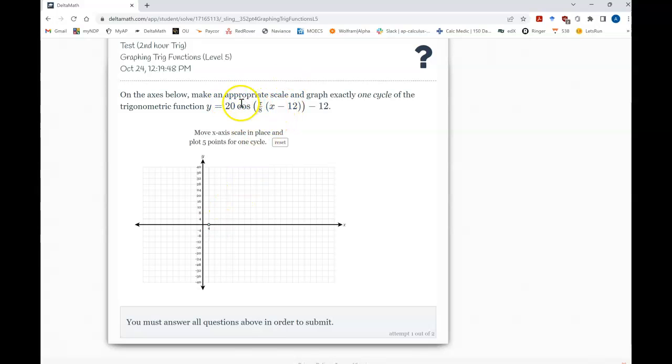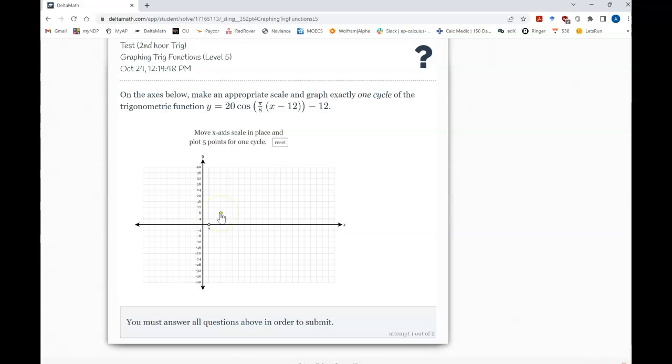And now this is cosine. Cosine starts at a maximum. So I'm going to go right 12 units. And then from the midline at negative 12, I'm going to be going up 20 units. So I'm starting at 12, 8. So 1 is 4, 8, 12, 4, 8.